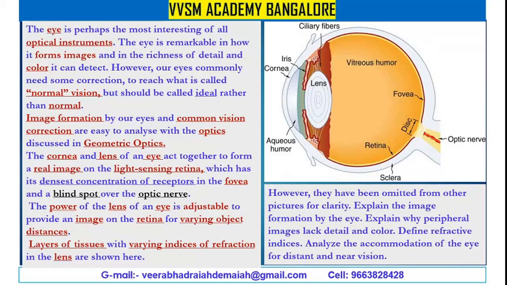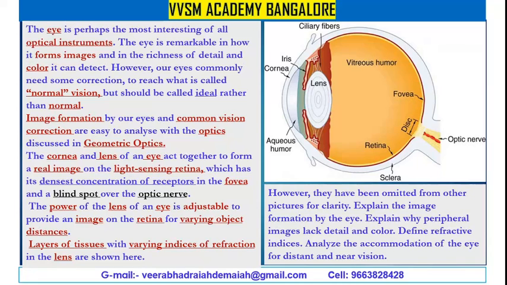The power of the lens of the eye is adjustable to provide an image on the retina for varying object distances. Layers of tissues with varying indices of refraction in the lens are shown here. However, they have been omitted from other pictures for clarity. We explain the image formation by the eye, why peripheral images lack detail and color, define refractive indices, and analyze the accommodation of the eye for distant and near vision.